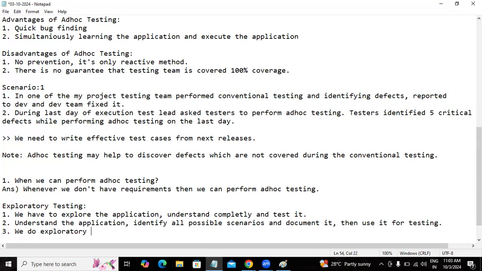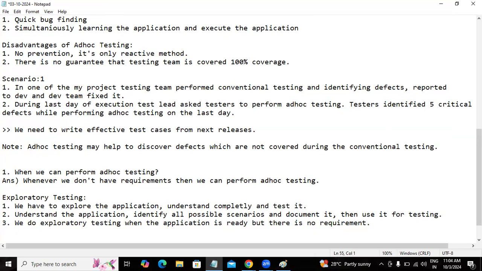We do exploratory testing when the application is ready, but there is no requirement. The application is ready, but there are no requirements.